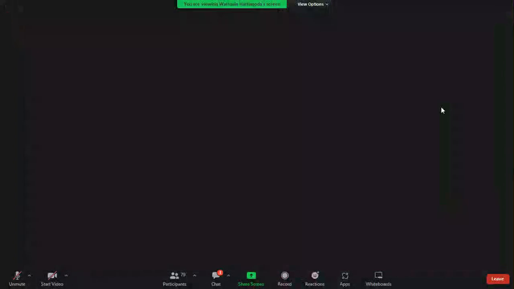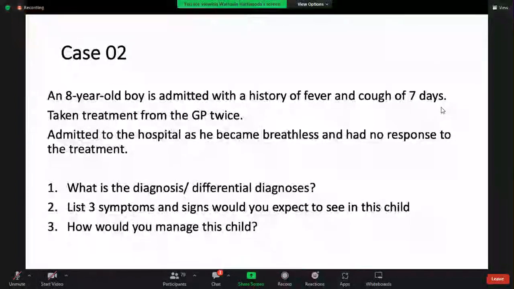Whether the child is in respiratory distress, madam, any nasal flaring, intercostal, subcostal recessions, and whether the child is tachypnoeic. Okay, so the respiratory distress with the usage of accessory muscles and increased respiratory rate. Good. What else?